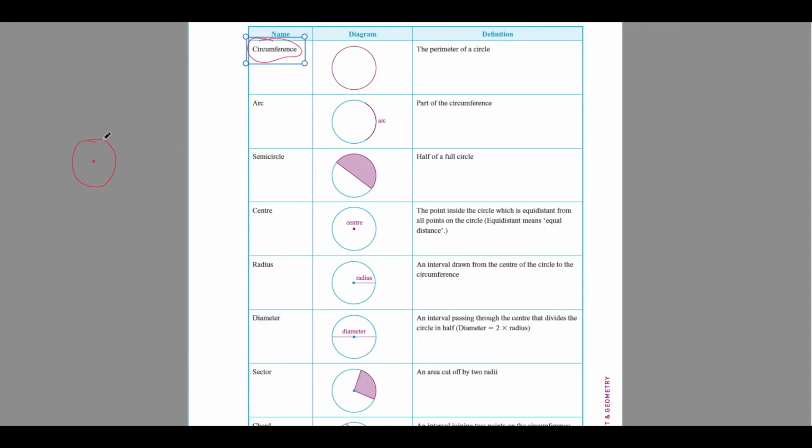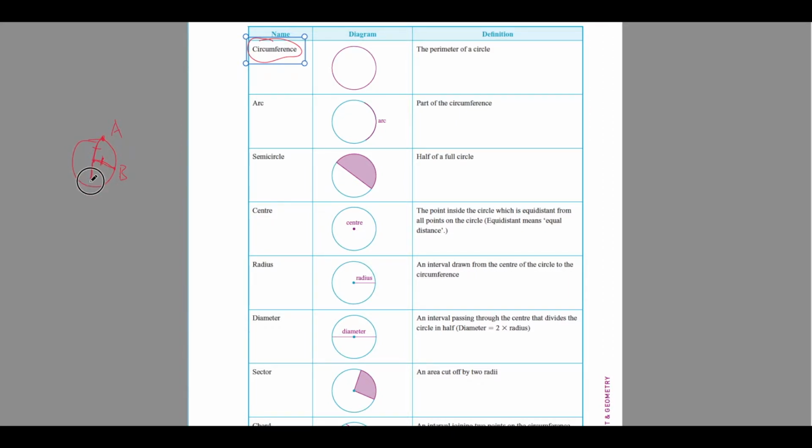So if I pick a point, say here, on the circle, this distance should equal this distance. If I pick a point A and a point B, the distance to the center should be equal. So that's another definition of the center. Basically, this point, the center, is equal distance to all the points on the circumference.